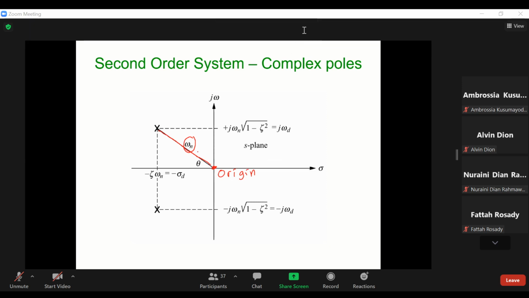Okay, and from this omega n, it is simply trigonometry, and very easy. You have an angle. Okay, this is clearly in the title. It's a complex pole, complex pole for a second order system.